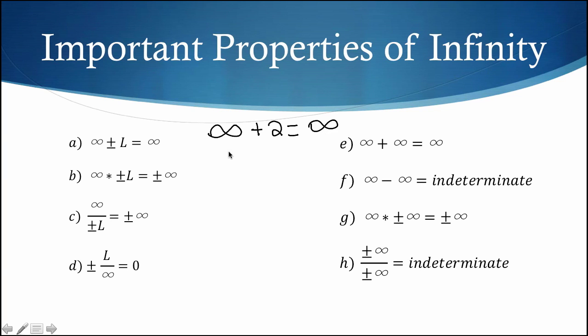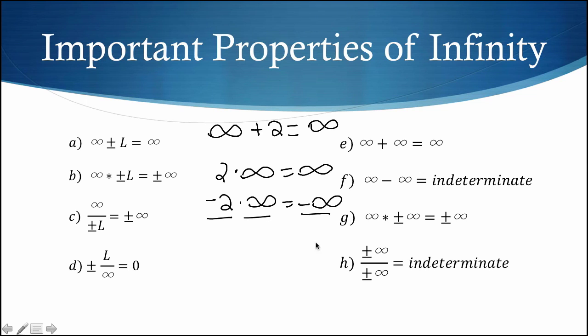Now if you try to multiply like 2 times infinity, that'll still give you infinity. If you do negative 2 times infinity, that'll give you negative infinity, because a negative value times a positive value is going to give you a negative value. If you did negative 2 times negative infinity, that'll give you positive infinity. Negative value times a negative value is positive.